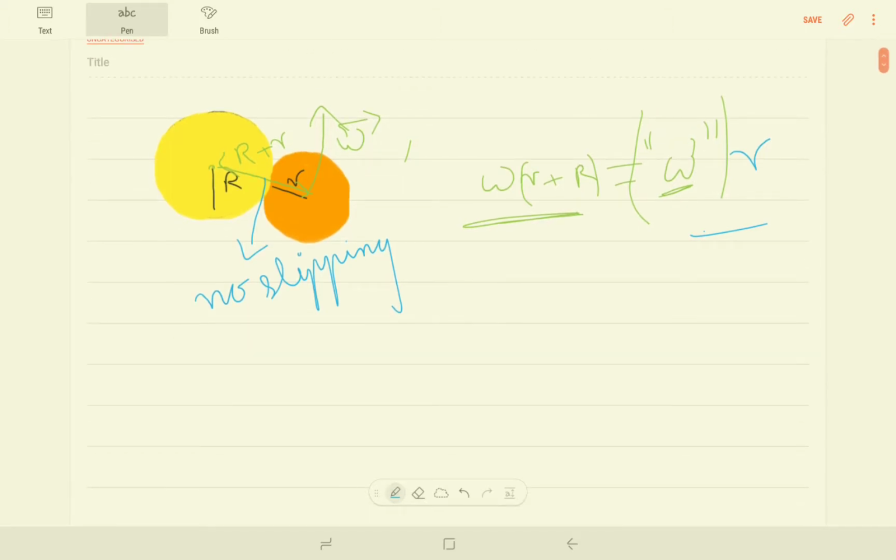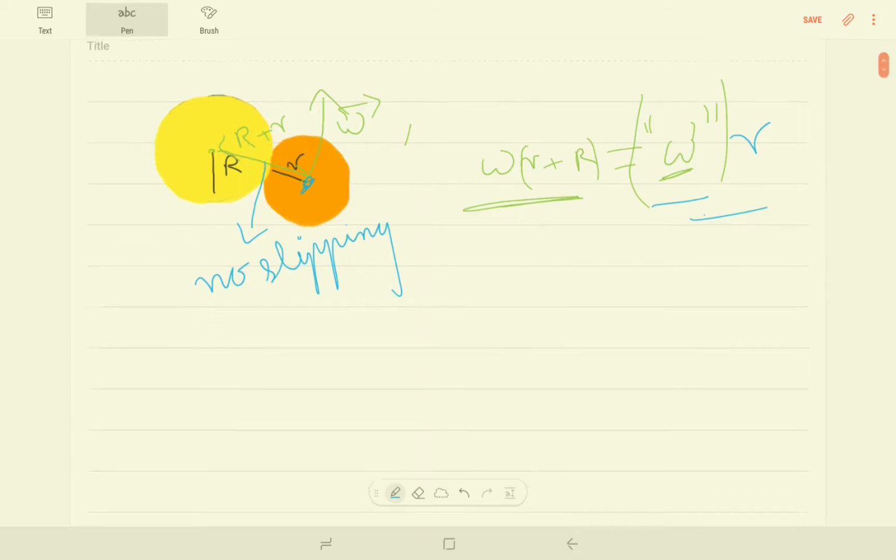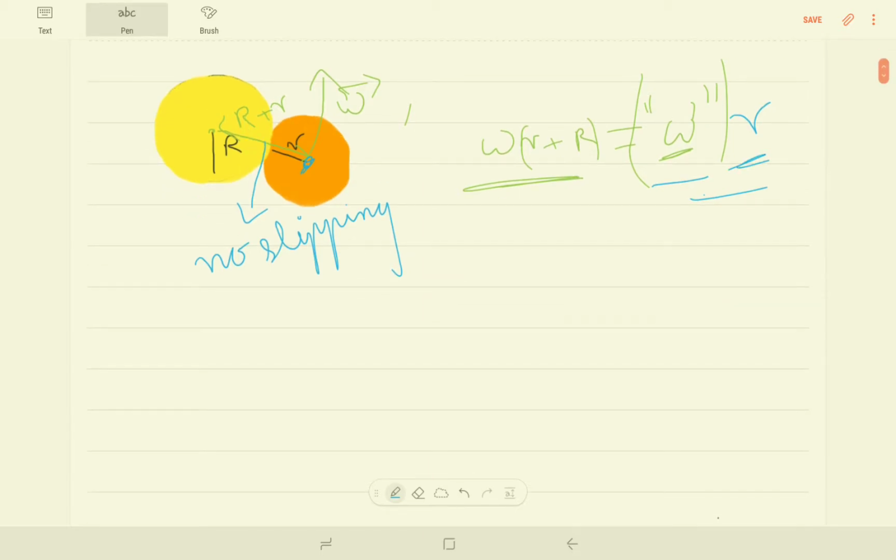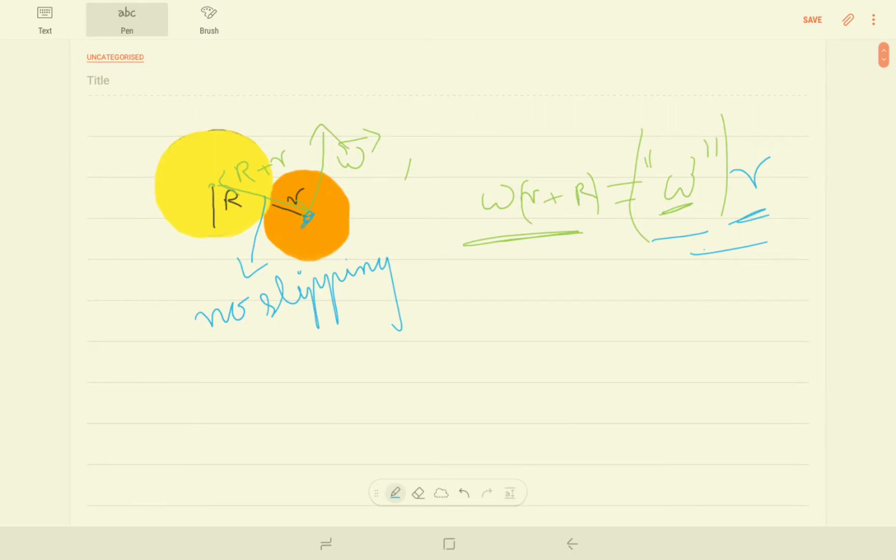With respect to the center of this circle, if it has omega dash as its angular velocity, the velocity of this part would be omega dash into r. And then again, the center is itself moving with a velocity of this much.